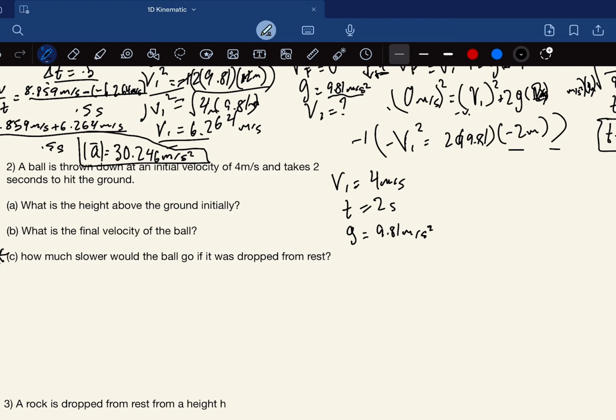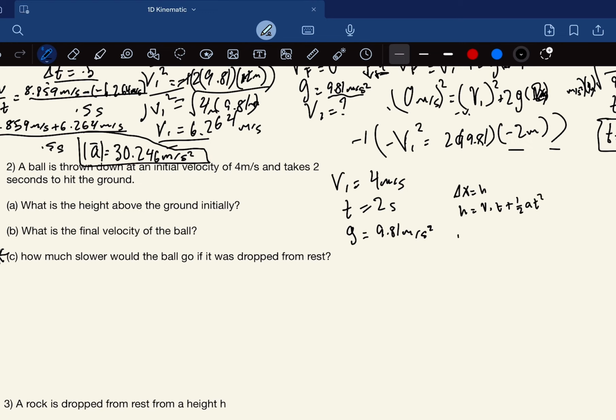So the first question, what is the height above the ground initially? In this case, delta x equals h, and we're looking for h. So we could use the formula h equals VI t plus 1/2 a t squared.